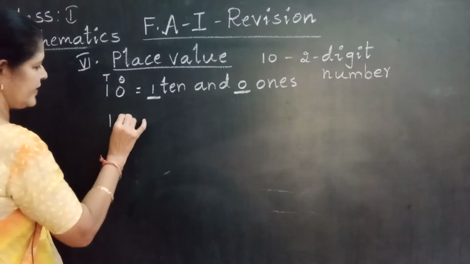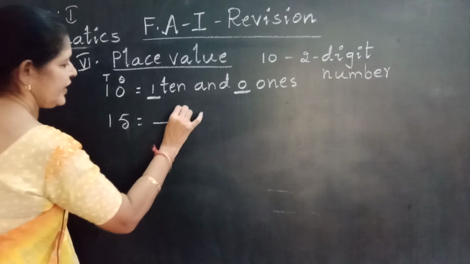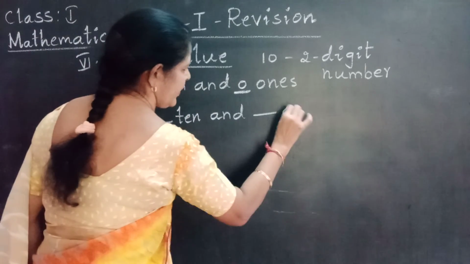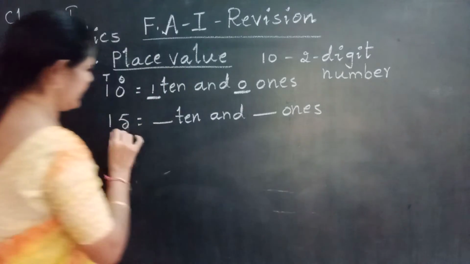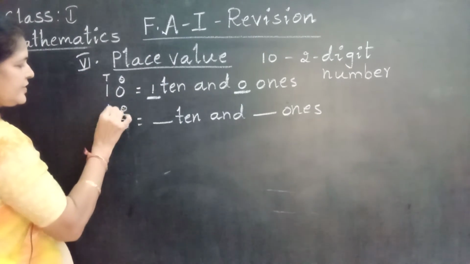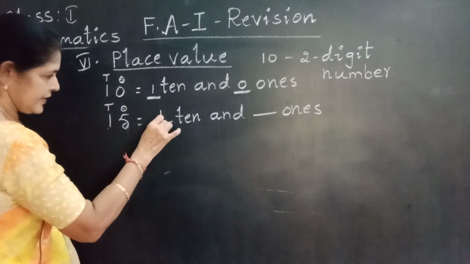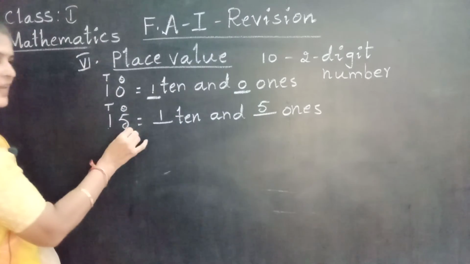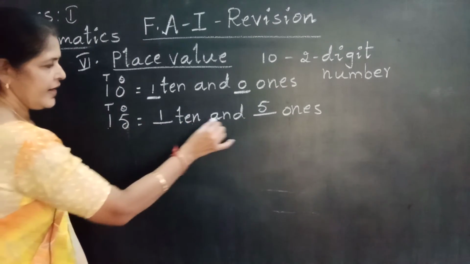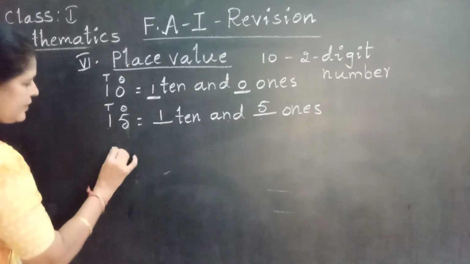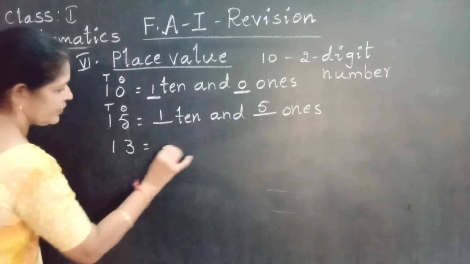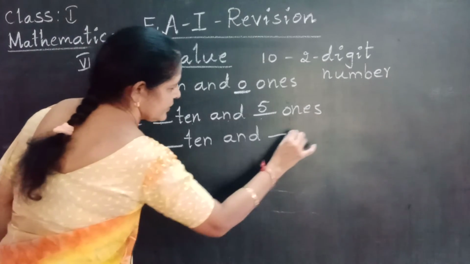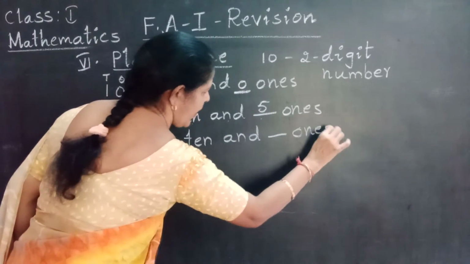Suppose given number is 15. 15 having how many tens and how many ones? 15 means ones place, tens place. 1 ten, 5 ones. 15 equals 1 ten and 5 ones. 13. Write tens and ones. That is place value.